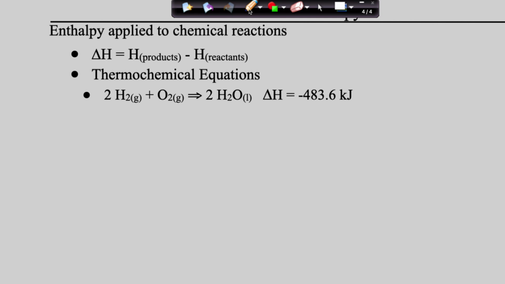Let's define our system. Our system is the hydrogen and oxygen atoms that are involved in this reaction. If that's our system, what is happening to the energy of our system in this reaction? Energy is going down. That's what the negative sign means.